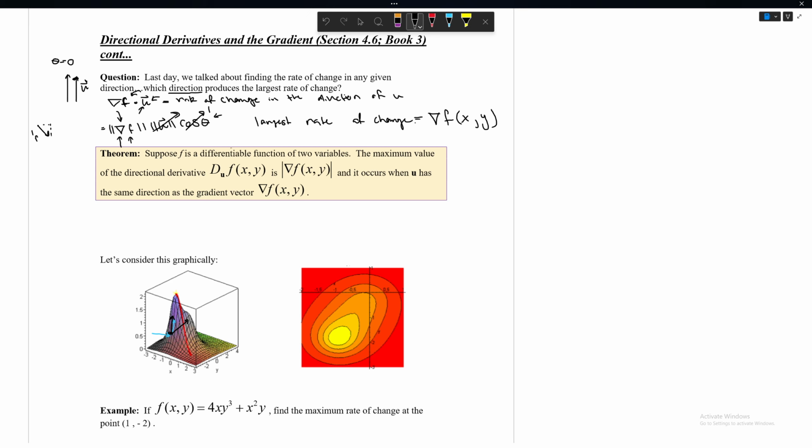All right. And so it says here, suppose f is a differentiable function of two variables. The maximum value of the directional derivative is, you would take your normal function, and your gradient of x and y is equal to the derivative with respect to x and the derivative with respect to y. Okay?